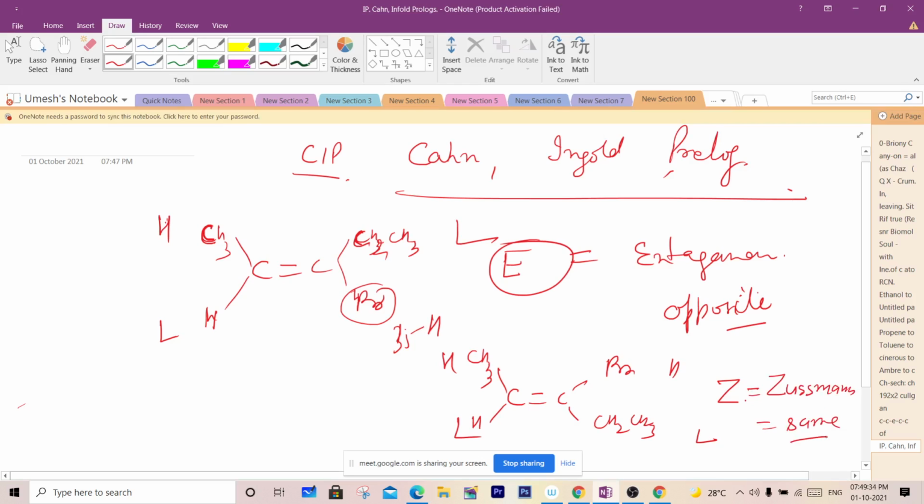It's a German word which means same. So E and Z, if higher priority are on the same side, low priority on the same side, it is a Z. Understood? Yes, sir. Right.